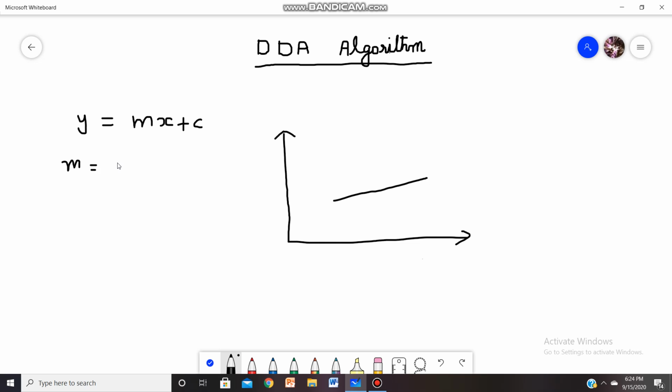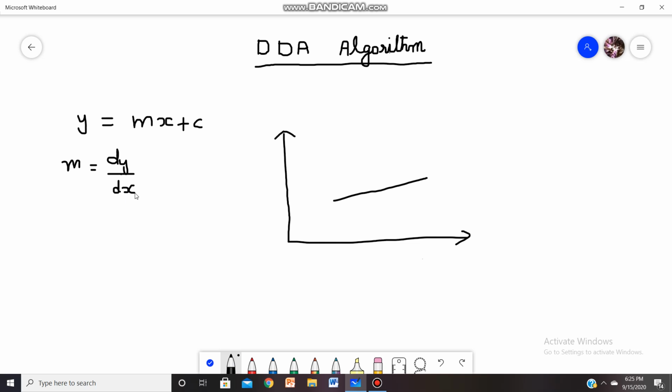Or we can write it in the differential form as m is equal to dy by dx. So this is a very important point. m is equal to dy by dx, the differential form of the slope. This is needed very much in our cases.